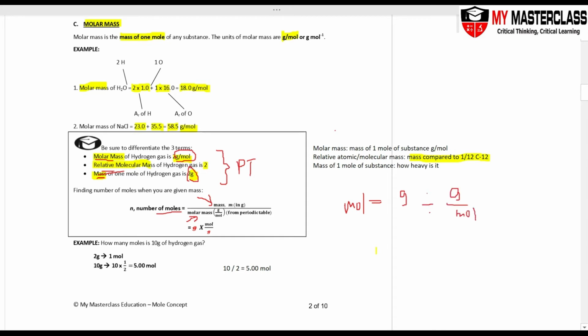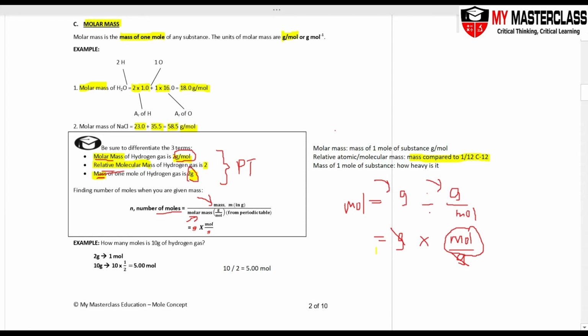In math, when you are dividing by a fraction, you multiply by the reciprocal of the fraction, mole per gram. If you cancel out the numerator and denominator, you will get mole. So to find mole, take gram, divide by the molar mass. Molar mass you get from your periodic table.